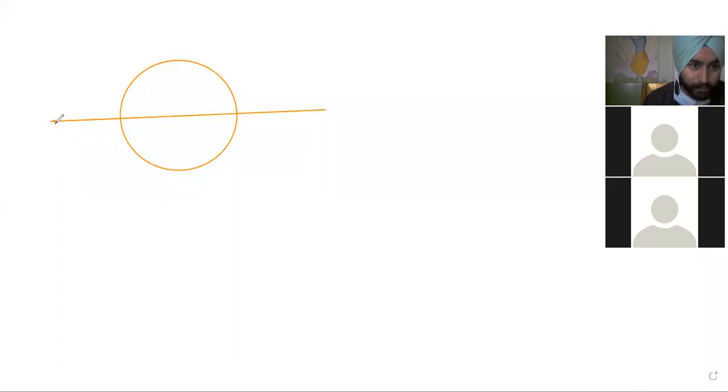Let us suppose it is placed at this point. The object is placed here and we have to observe it from this side. This is the center of curvature, and this radius is 10 centimeter.